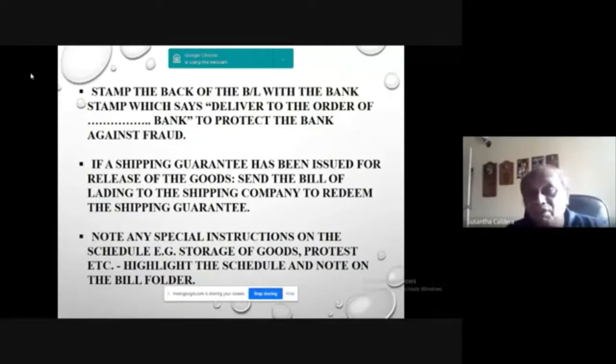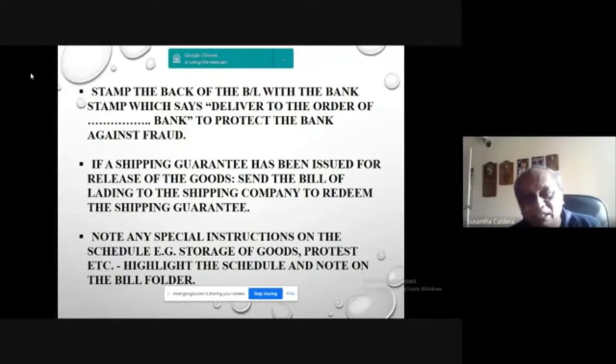Okay. Now we were talking about stamping the back of the BL with the bank stamp which says deliver to the order of the bank. If you say NDB Bank, NDB Bank, to protect the banks against frauds. But frauds can happen. This can be lifted by either a clerk or a peon of the bank and given to the customer.